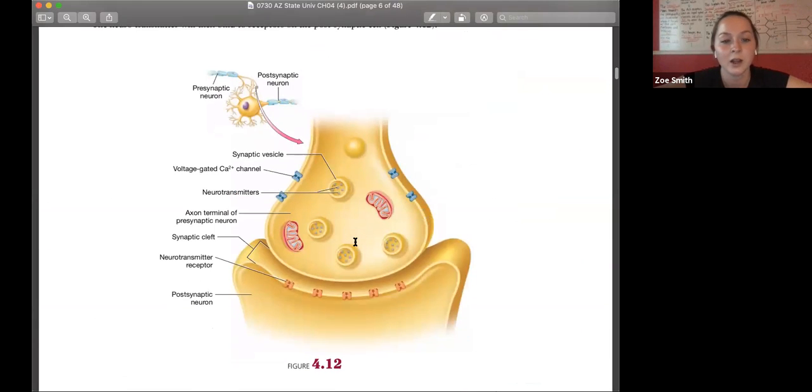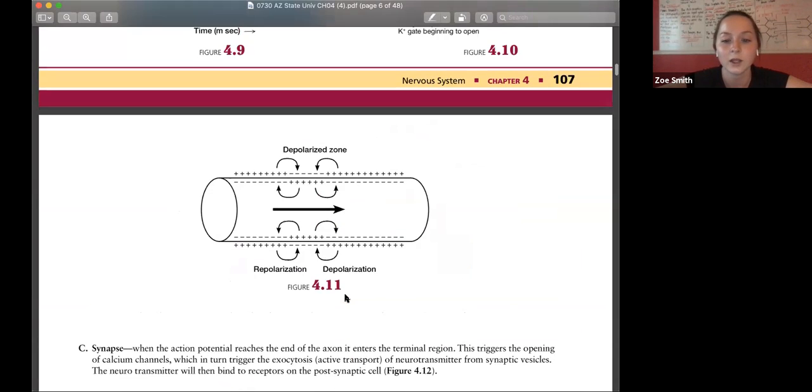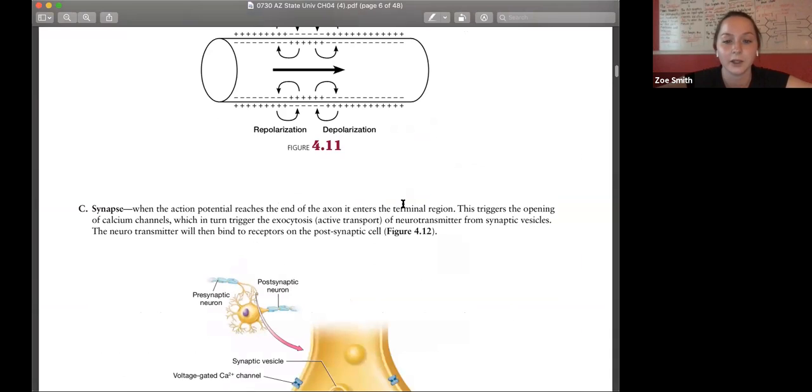That's the end of the axon terminal, and those synaptic vesicles are going to move to that plasma membrane, fuse with it, release the acetylcholine into that synaptic cleft, and then that acetylcholine is going to bind to those receptors right there. I'll go over that again when I get here.